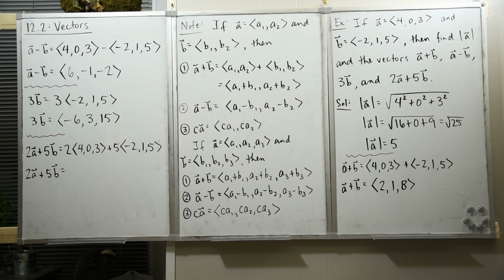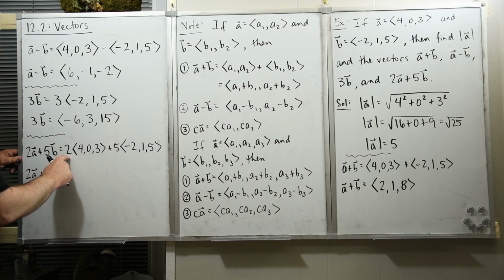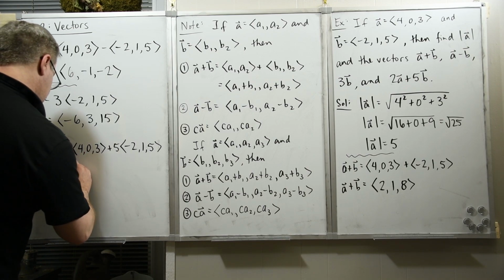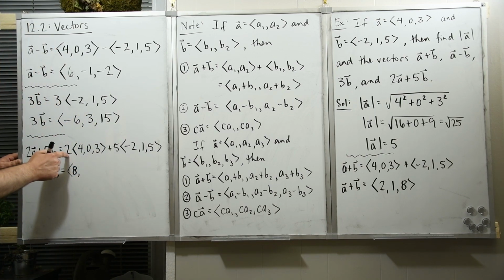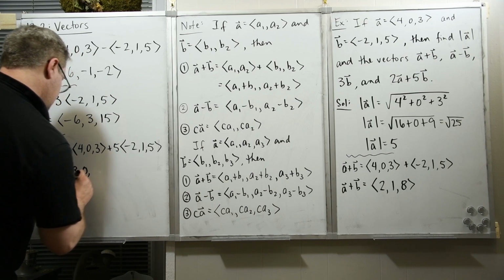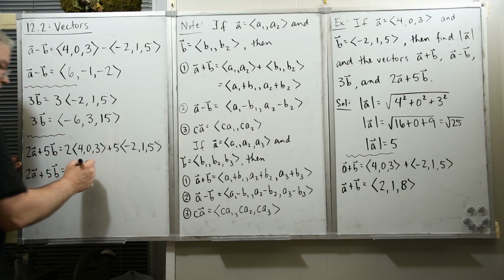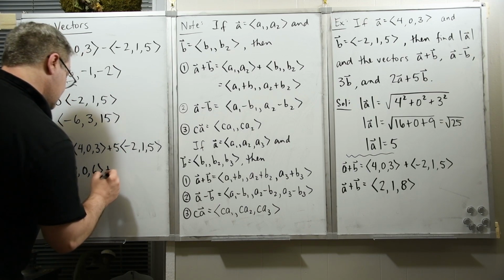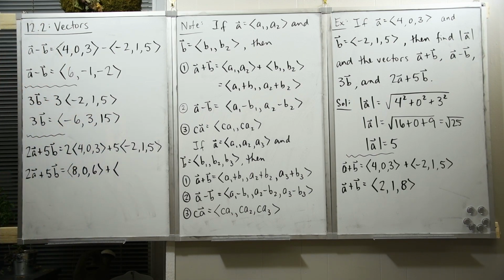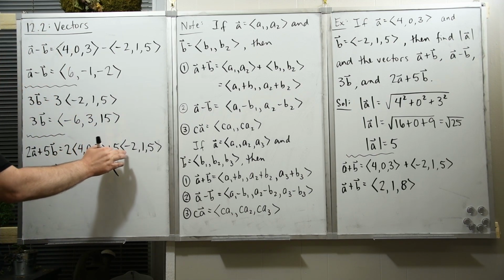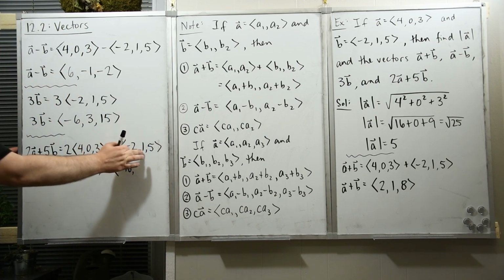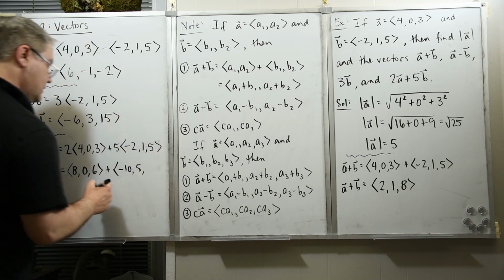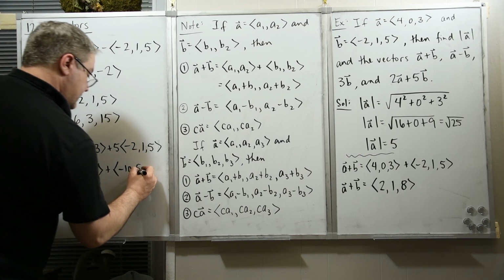Alright, so if we take 2 times this vector A, 2 times 4 gives us 8, 2 times 0 gives us 0, 2 times 3 gives us 6. Then we'll have 5 times negative 2 is negative 10, 5 times 1 gives us 5, 5 times 5 gives us 25.